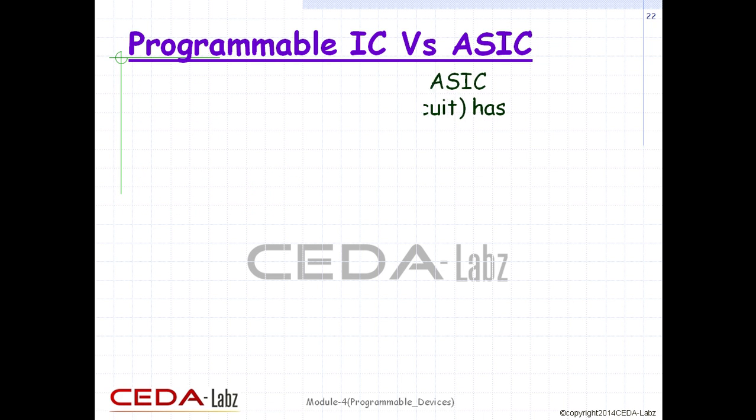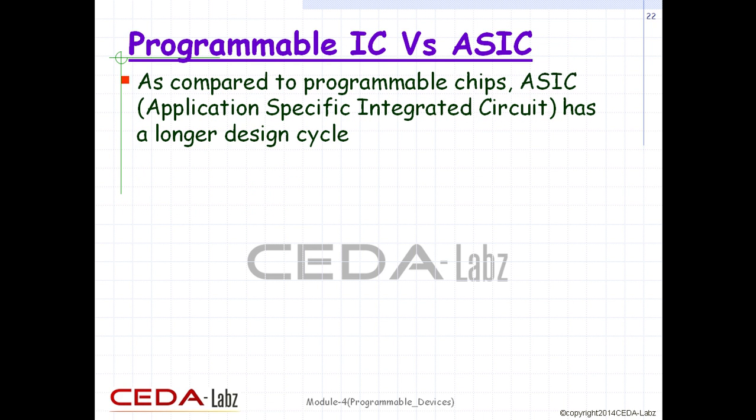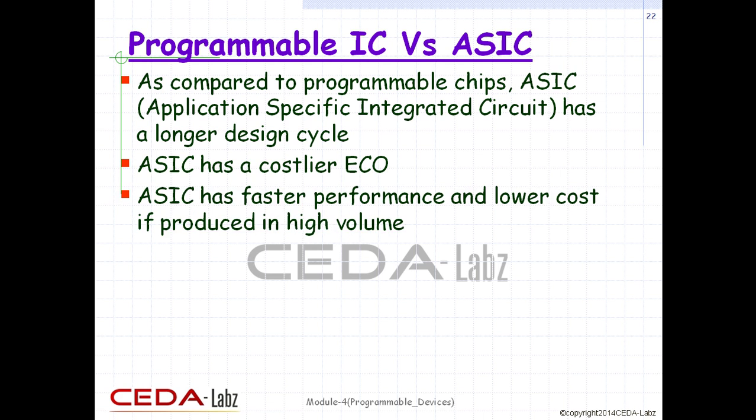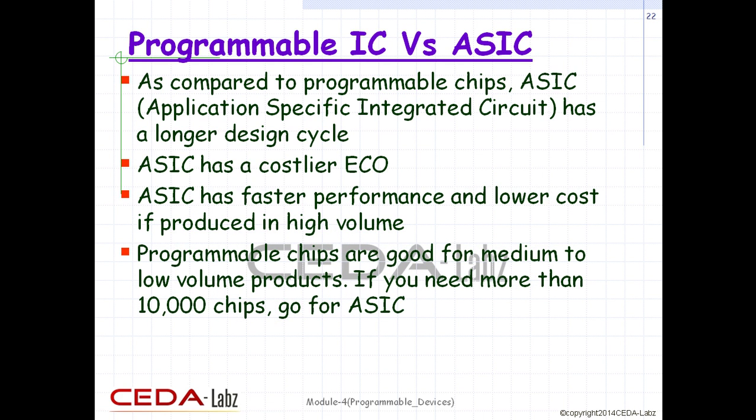If we compare programmable ICs to ASIC, ASIC has a larger design cycle time, that is, ASIC implementation of the desired logic will take more time. ASIC is more costly than programmable IC. It means more money is involved in ASIC. ASIC has fast performance and involves low cost if we go for large volume production of devices. For small or medium scale production, programmable chips are good.